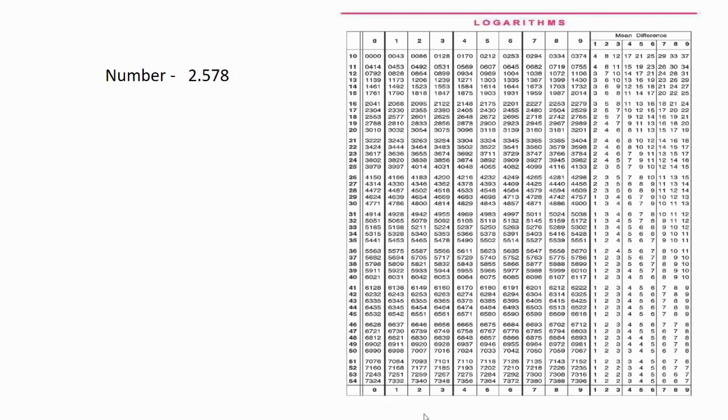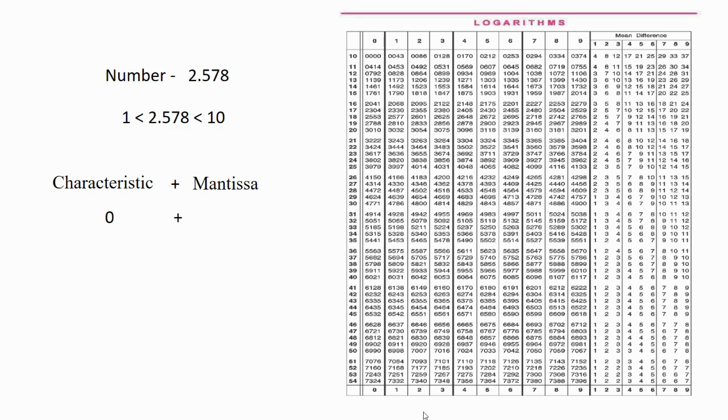One more example, 2.578. Obviously, just by observation I can say that it is a one-digit number. Now let's see the characteristic and mantissa value. The number lies between 1 and 10. The given number is greater than 1 and less than 10, so the characteristic is 0.